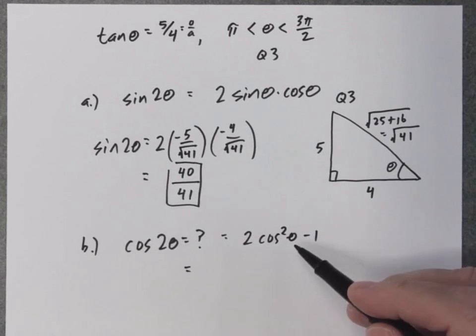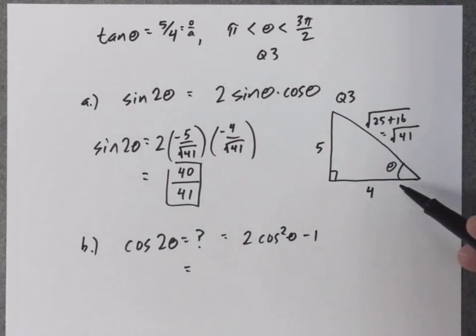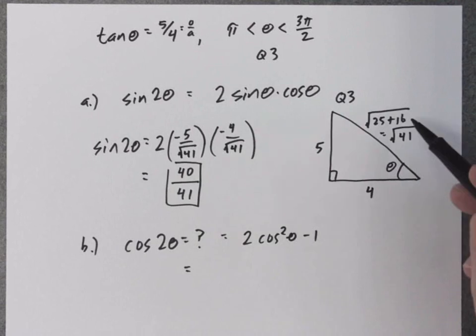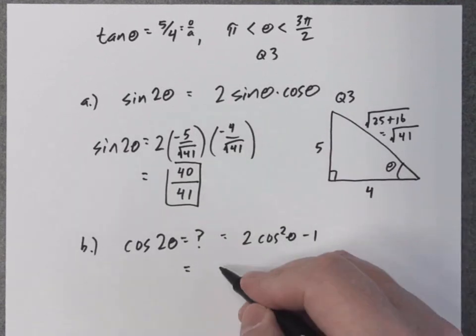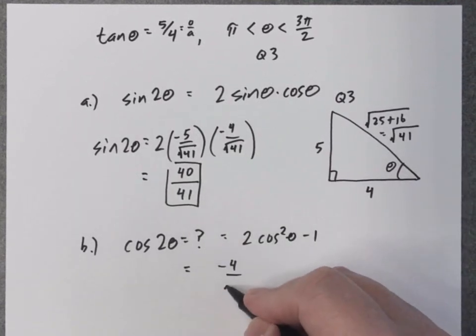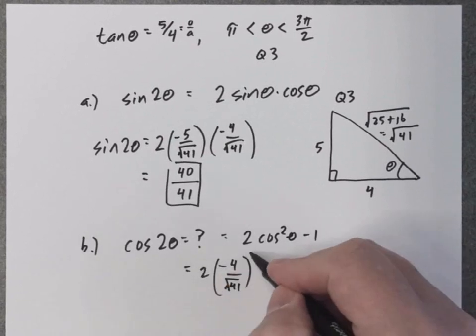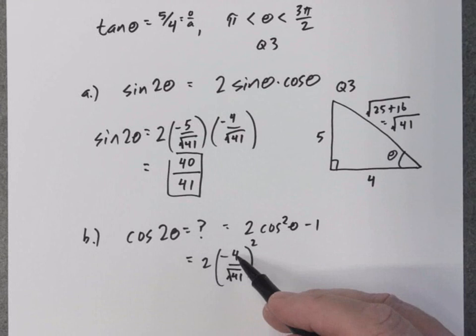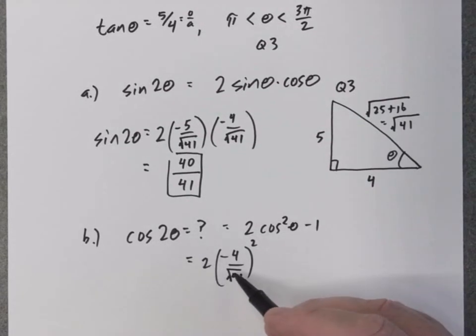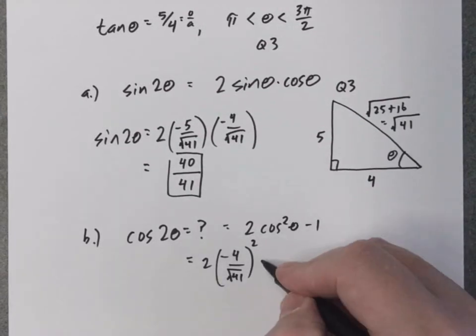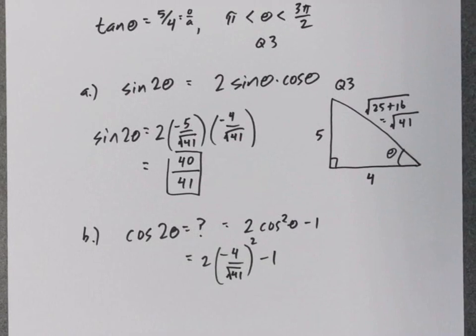So I need to know the cosine of theta, which from my triangle I've already done once before. I know the cosine of theta is negative 4 over square root of 41. So 2 times the cosine of theta squared, minus 1.